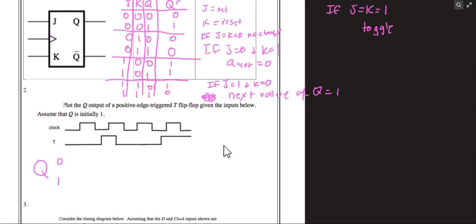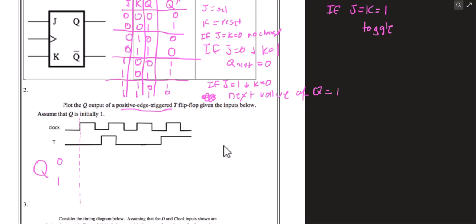So we're going to plot the Q output of a positive edge triggered T flip-flop given the inputs below, and we'll assume that Q is initially 1. So what I like to do is, since it's positive edge triggered, I know it can only change on the positive edge of the clock.